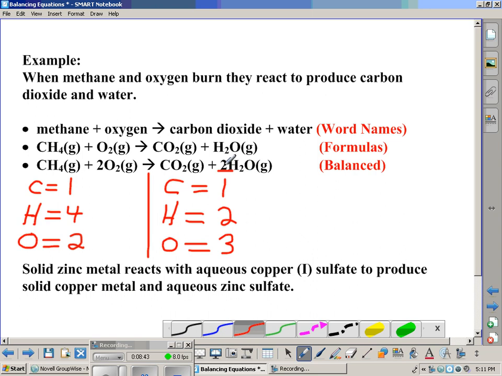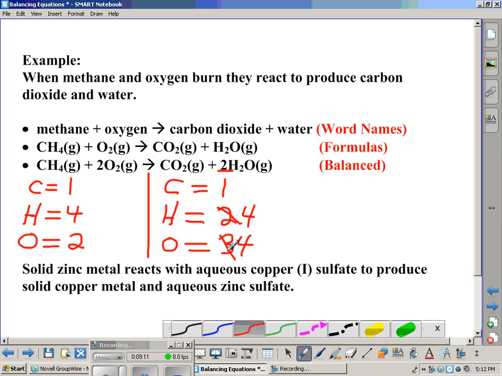If I multiply this through, 2 times 2 hydrogens, now I have 4 hydrogens for my products, but it also changes the number of oxygens. I now have 2 oxygens because there's 2 H2O molecules, and I also have 2 over here with the CO2. So that changes my number of oxygens to 4.